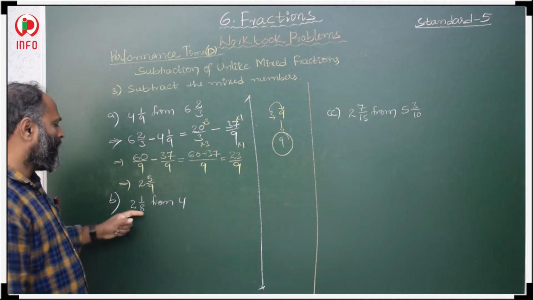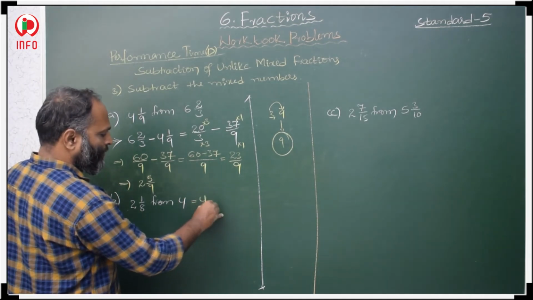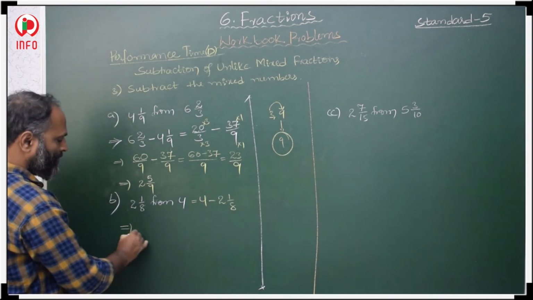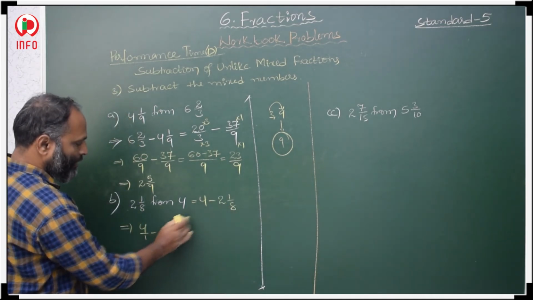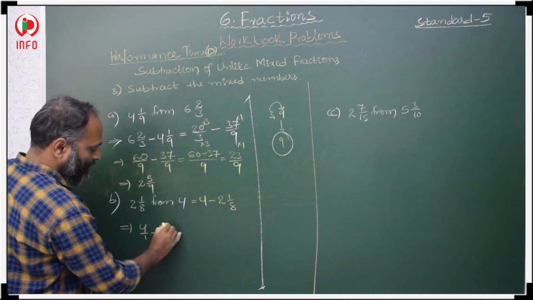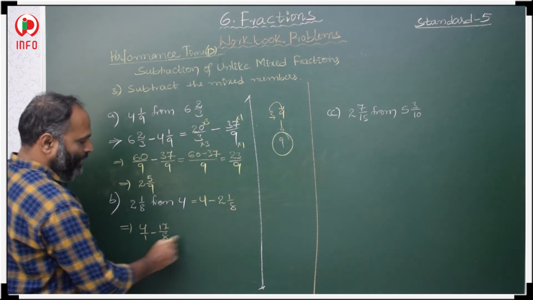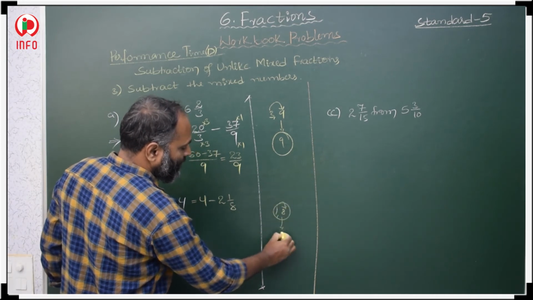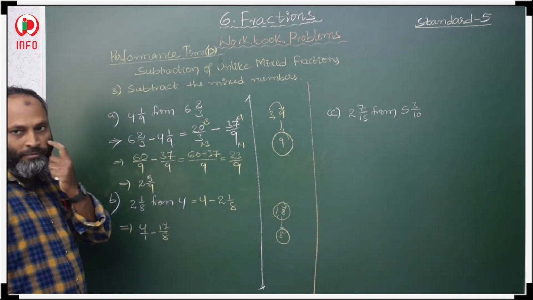Now from number we have to take 4 minus 2 1 by 8. That means 4 by 1 minus 2 8s are 16 plus 1, 17 by 8. 1 and 8: when 1 and any other number is given, the LCM is the other number, so 8 is the LCM.